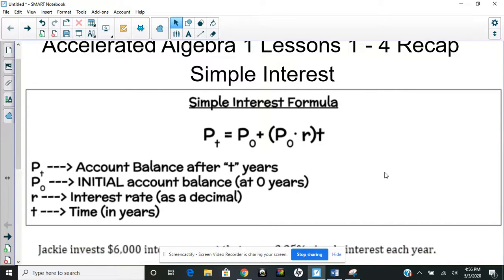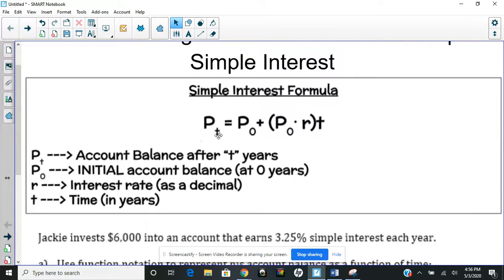They gave us this formula and all these letters and told us what they stood for. P of T is the account balance after T years. That's our answer. After we plug in all of the numbers for these variables, we're going to get P of T. P sub 0 is the initial account balance at 0 years, so that's how much money they put in right at the beginning.